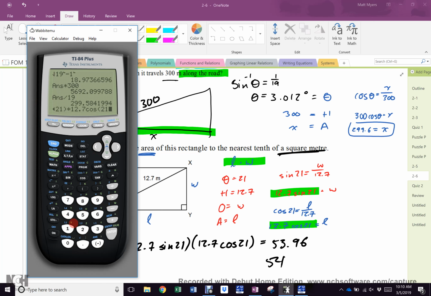Now, remember, some of you don't need to close this last bracket, but you should be in that habit. And there's your answer. Absolutely correct.